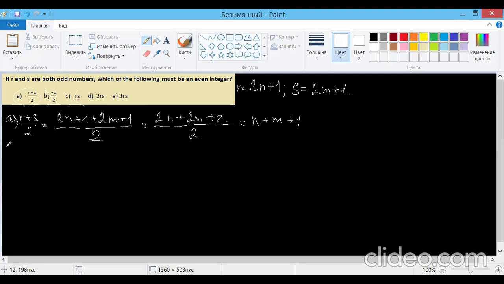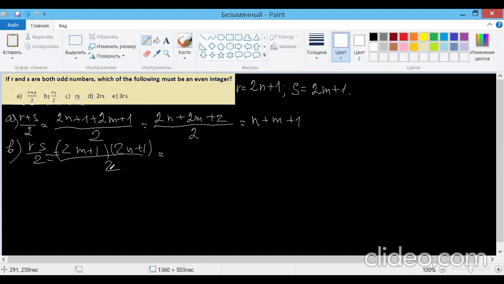Let's take a look at B. R times S over 2. All we see is that this ratio isn't an even integer, because it's not divided by 2. If we divide this by 2, it won't yield an even integer.